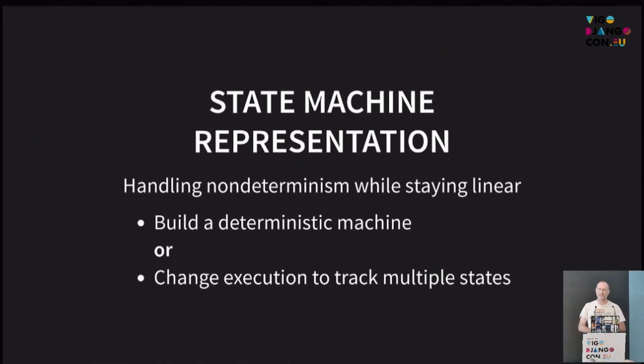The machine can get exponentially larger, but once we finish building it, execution is again in linear time because it's just like the regular machines. Or we can use a different execution strategy where we really hold a set of states at the same time and proceed with them in parallel.